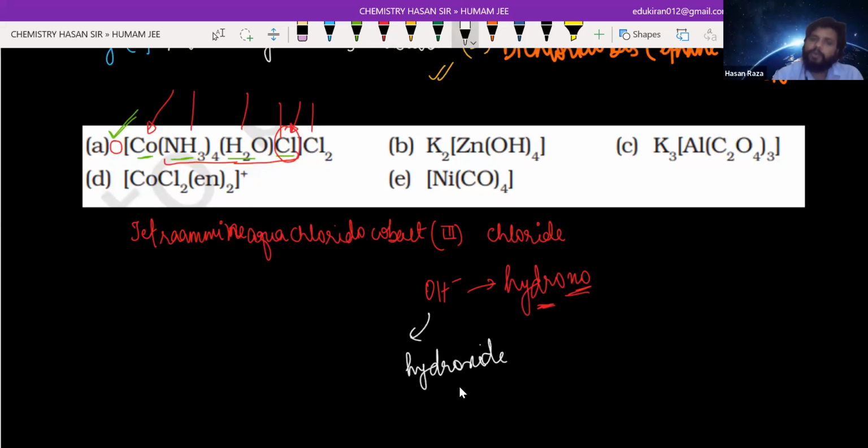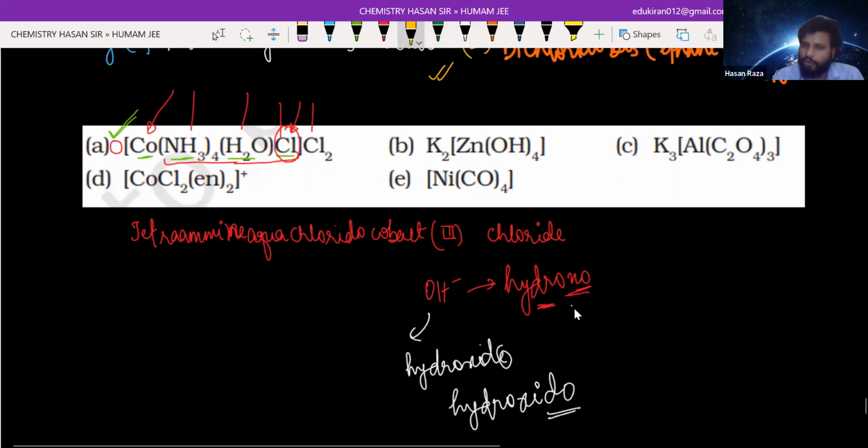So what you can do, simple, OH is hydroxide. You can remove E and add O in its place. Hydroxido or hydroxo you can use. So the rest of the part is correct up to this. Potassium tetrahydroxido zincate, that is also good. Very good. Please do the rest.